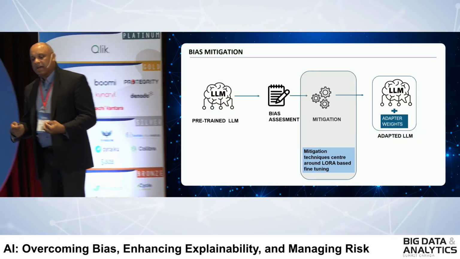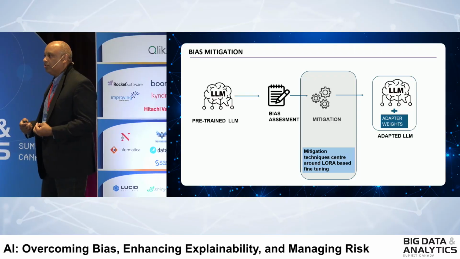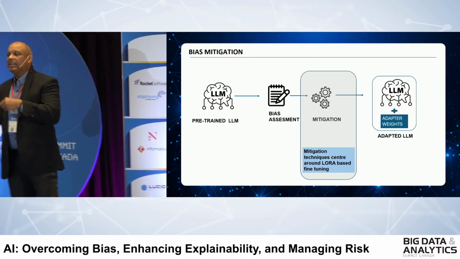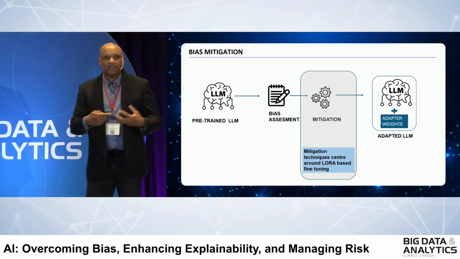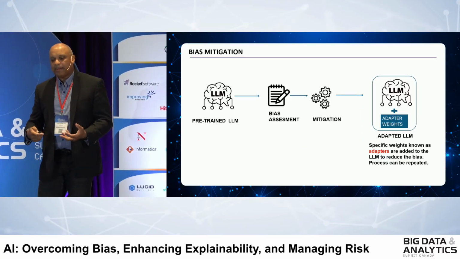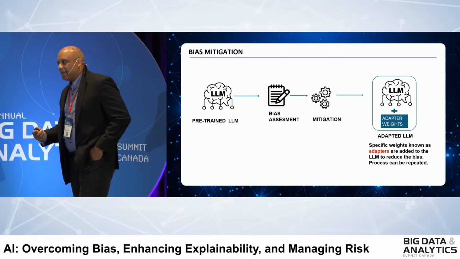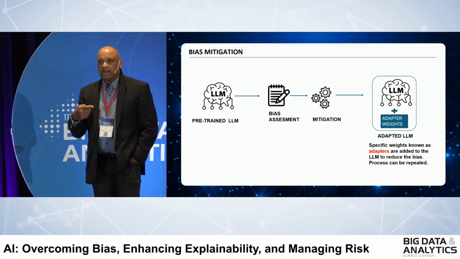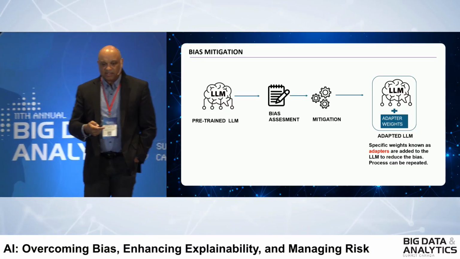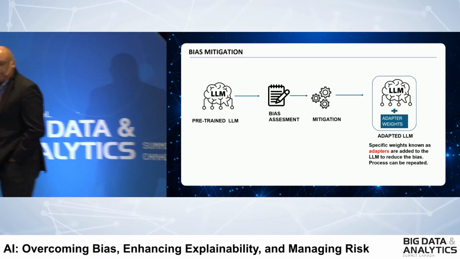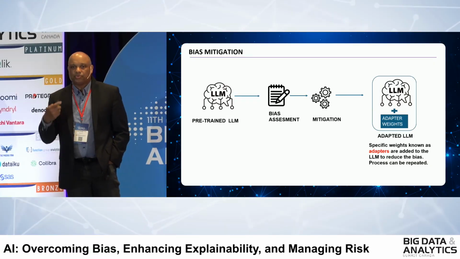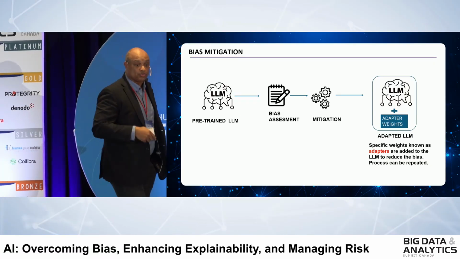And if we know how much bias there is, then we can actually change the weights slightly to mitigate some of that bias inherent in the pre-training. And so what happens is we adapt the LLM in order not to have the bias manifest itself, and we inject what we call specific weights called adapters. And these adapters are added to the LLM to reduce the bias because they're under our control.